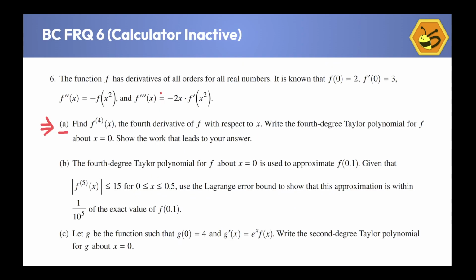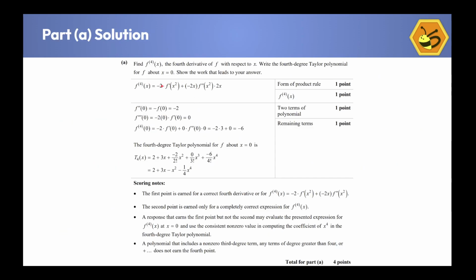We want to take the derivative of this thing, which is a product, so I will apply the product rule. This is the result of the product rule, and a result of the chain rule right here. So 1 point for the formal product rule, 1 point for the answer for the fourth derivative.